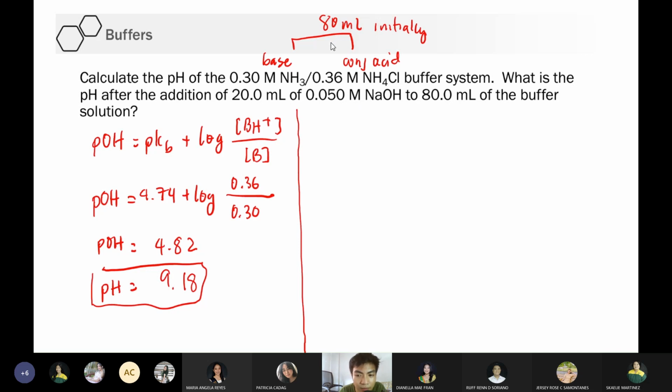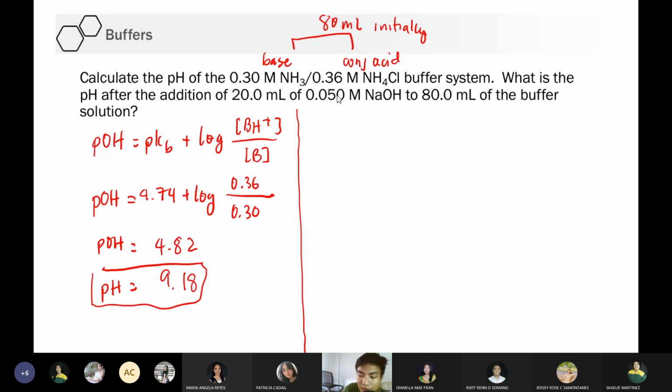So, yung 80 ml na buffer solution natin, ano na yung total volume niya after? 100 na. So, ano mangyayari sa concentration ng ating chemical species? Madidilute. So, ibig sabihin, madidilute itong conjugate acid natin and yung base. Madidilute yung kanilang concentrations. What else?